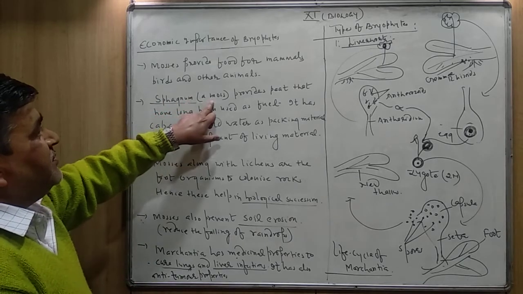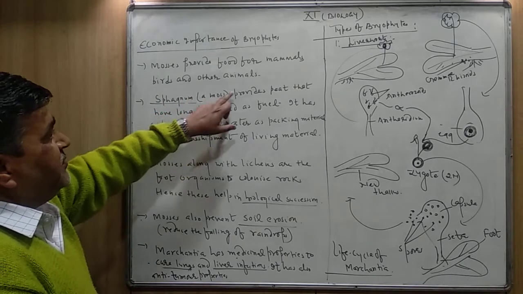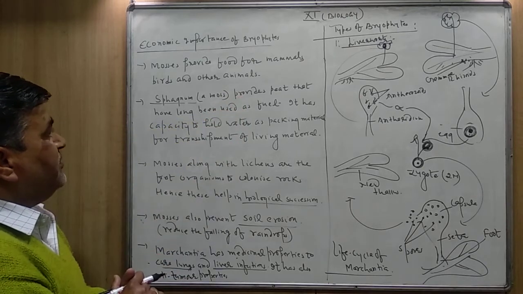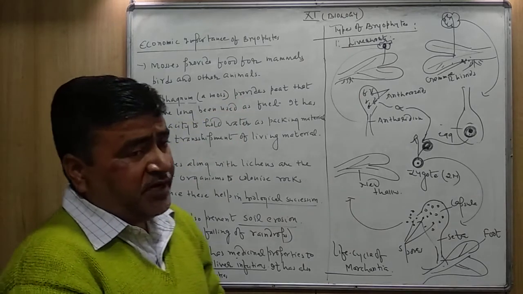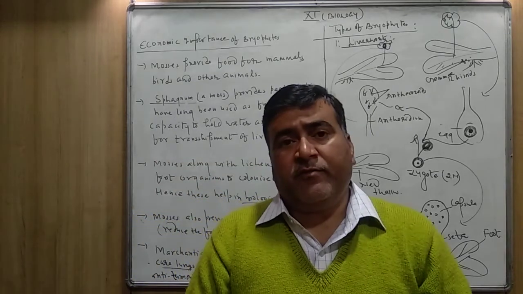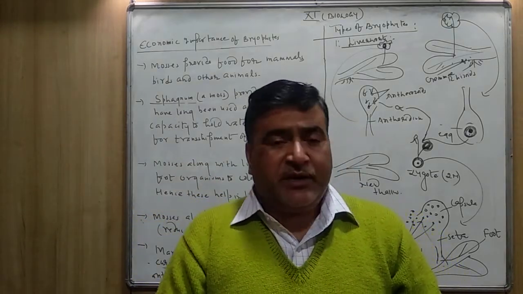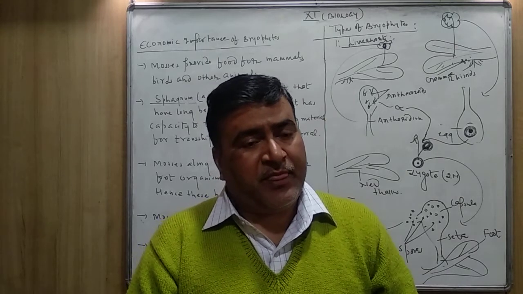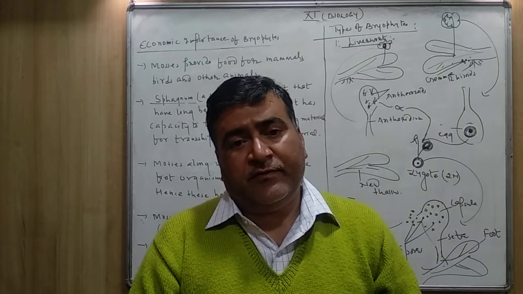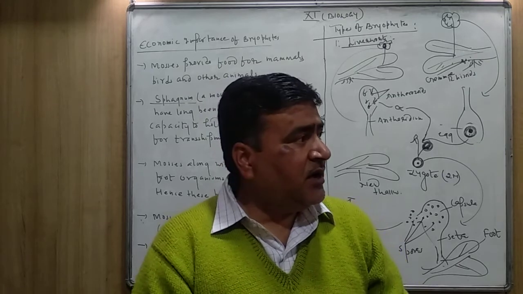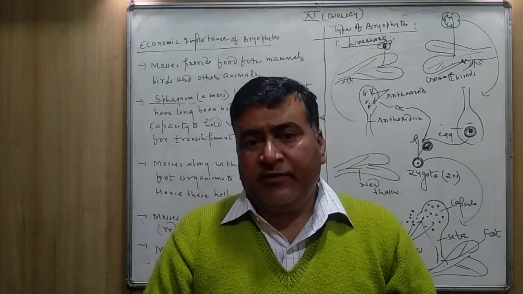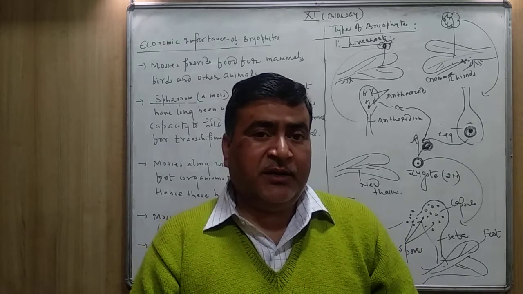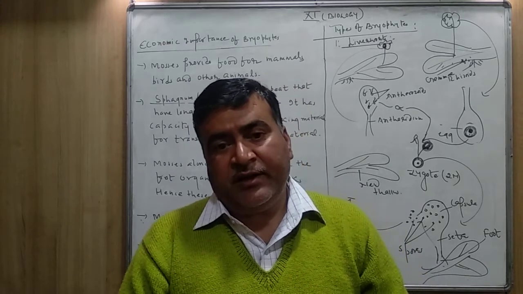Sphagnum is a type of moss. It provides peat, which has long been used as a fuel. You might have heard about peat. Peat is generally obtained from swampy, damp places, and peat acts as a fuel, and the source of the peat is the bryophyte.